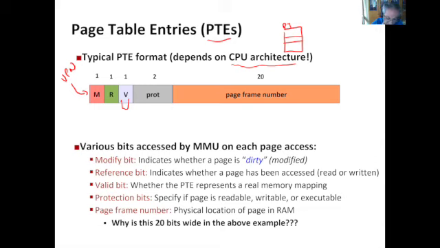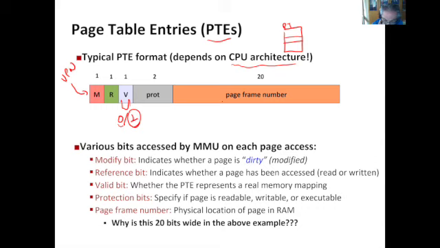The valid bit can be 0 or 1. If it's 0, that particular page is not yet brought into the physical memory. We will discuss this later when we cover page faults. If it's 1, which is what we discuss here, then that particular virtual page is mapped and brought into the physical memory.